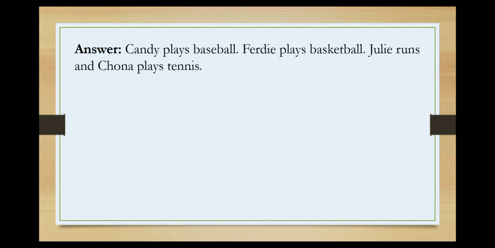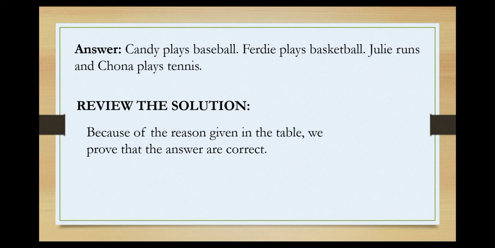Answer. Candy plays baseball, Ferdy plays basketball, Julie runs, and Chona plays tennis. Review the solution. Because of the reasons given in the table, we have proved that the answers are correct.